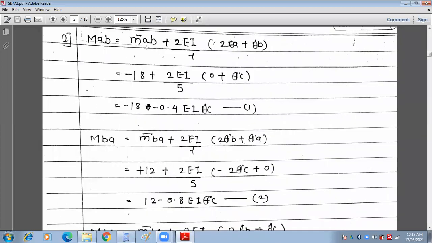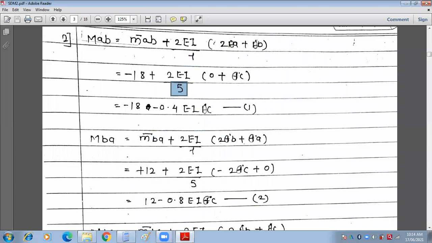Moment AB is equal to friction moment AB plus twice EI upon L into 2 theta A plus theta B. Now, as we know, theta A means the fixed end is there, therefore this value is 0. Friction moment AB is nothing but minus 18. The span AB is 5 meter.